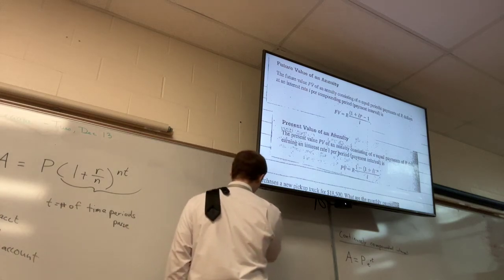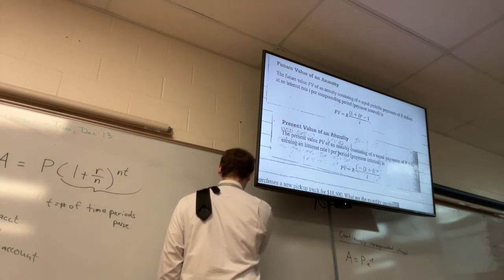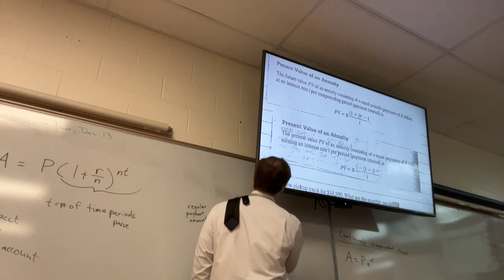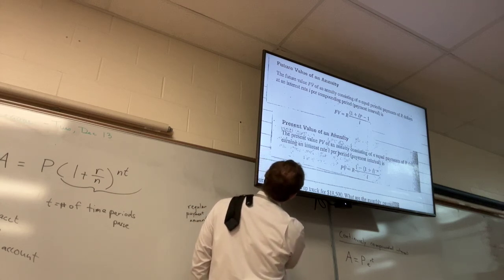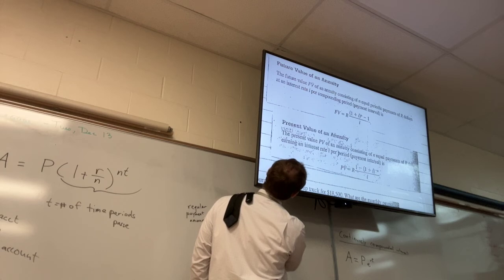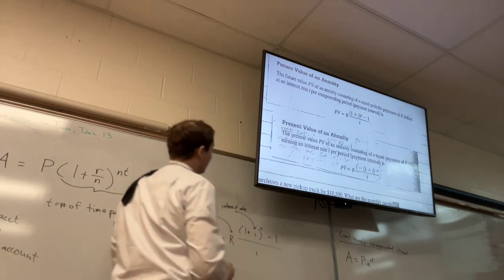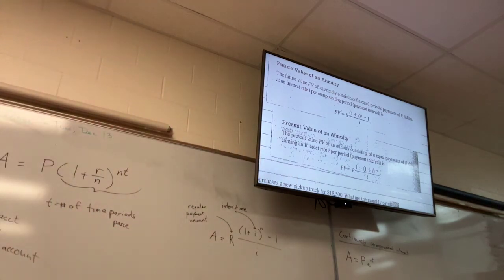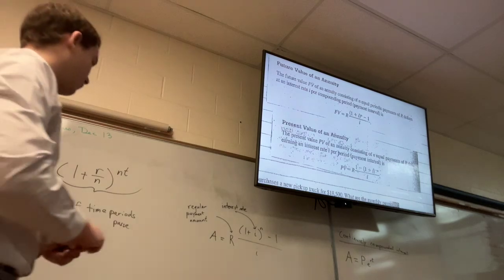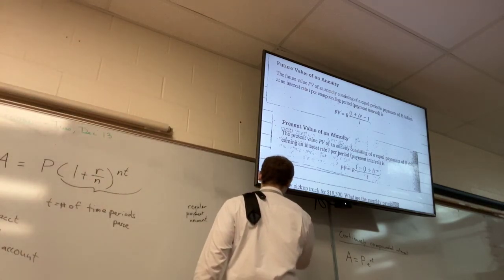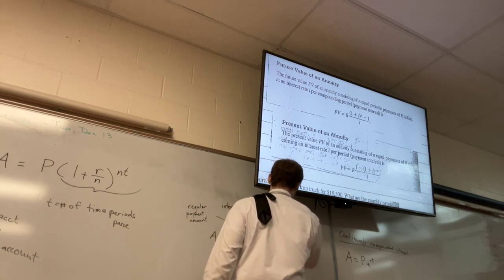That's giving me my interest rate. And then the N is the number of times you pay the annuity.